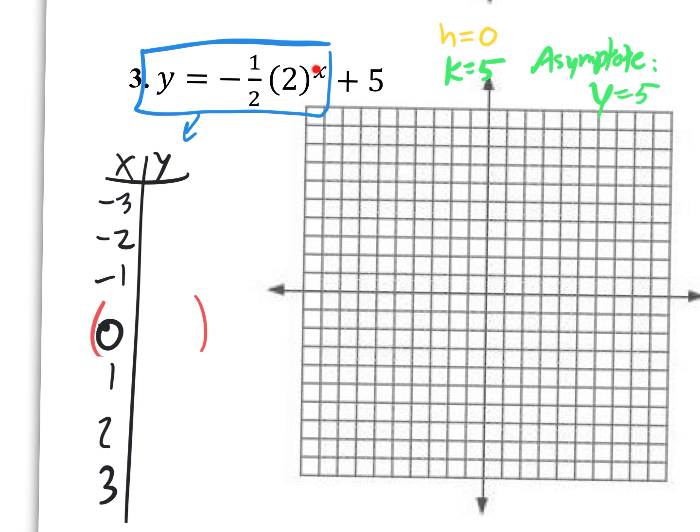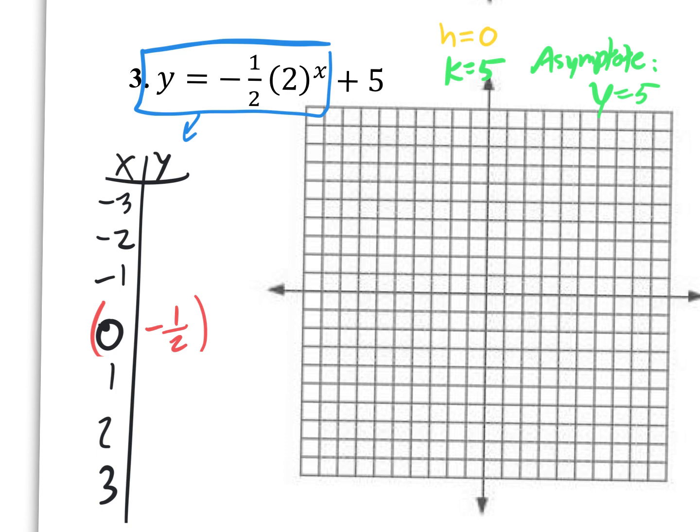I'm going to ignore the plus 5. 2 to the 0 is what? 1. And then 1 times -half is -half. 1 times anything doesn't change it, right? Just like 1 times 7 is 7, or 1 times Johnny is Johnny. So 1 times anything is that same value.